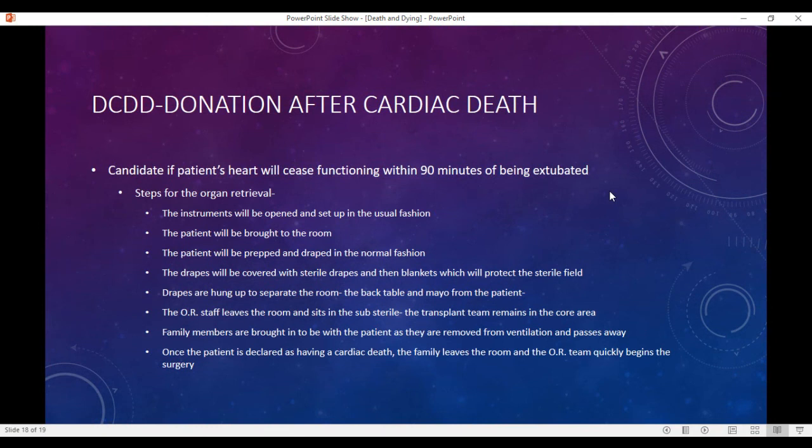They have 90 minutes from the time of being extubated to pass away for the transplant team to use the organs. And there are certain intervals. I may be wrong and it may be different with each transplant team, but I just did one maybe 6 weeks ago, I think. During summertime, we do see a lot of these cases.